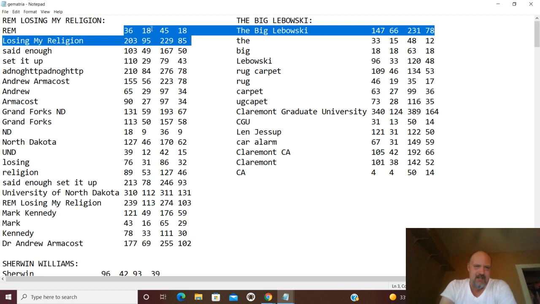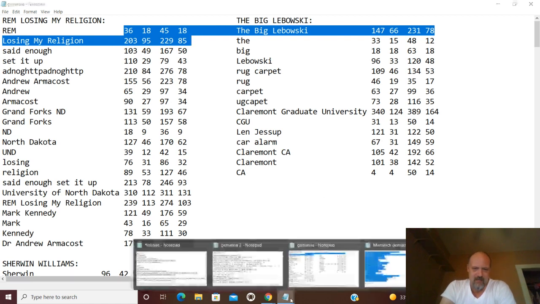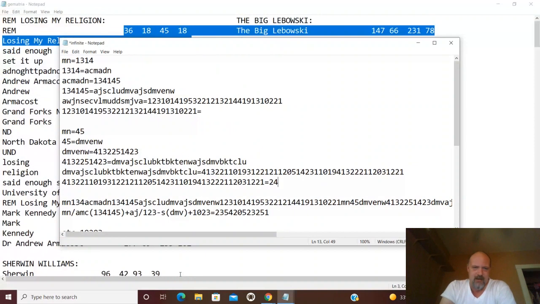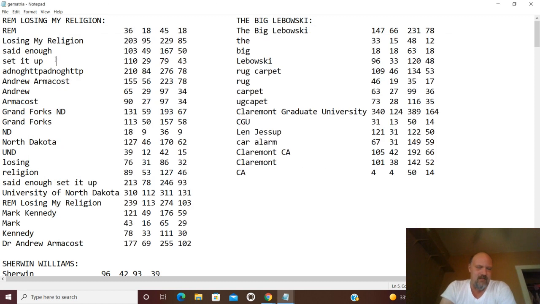But you could take 36, 18, 45, 18, 203, 95, 229, 85, and put these numbers together at that point, and run a whole other calculation off of that. You could reference all of the calculations off of just the number 24.